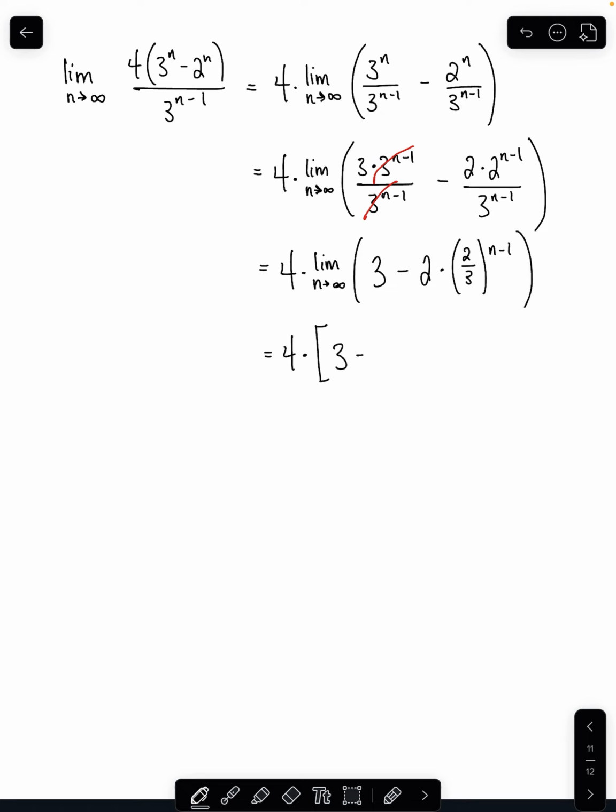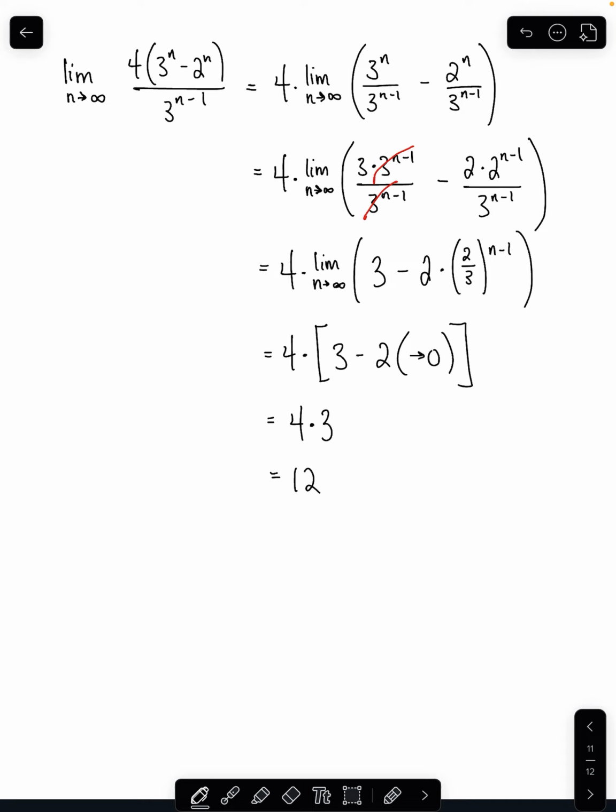So even though we have the 2 in front of that, the 2/3 raised to an ever-increasing power is going to approach 0. Which means ultimately what we're left with is just the 4 times the 3, which is 12. Exactly like the formula that the geometric series gives us.